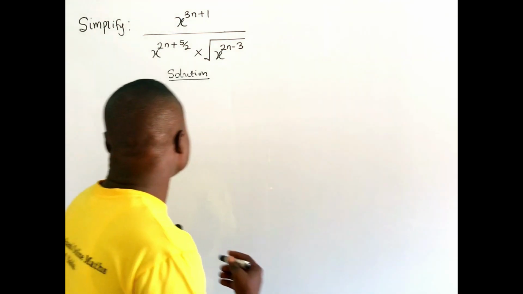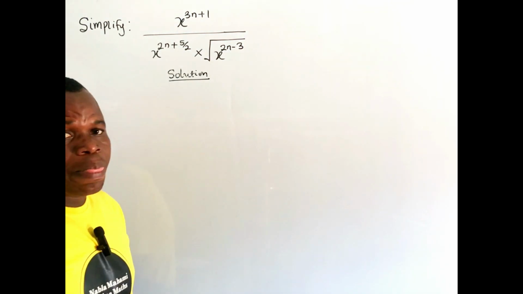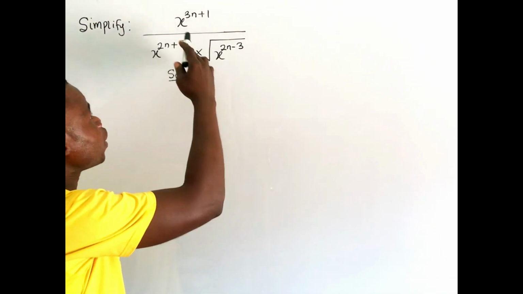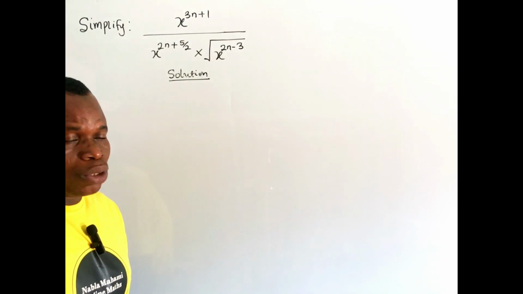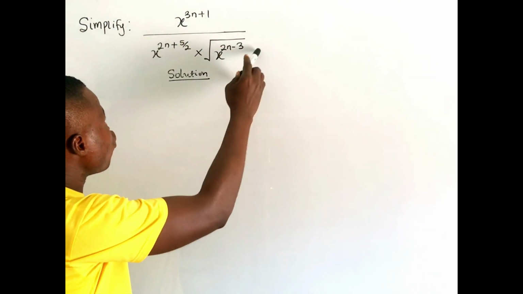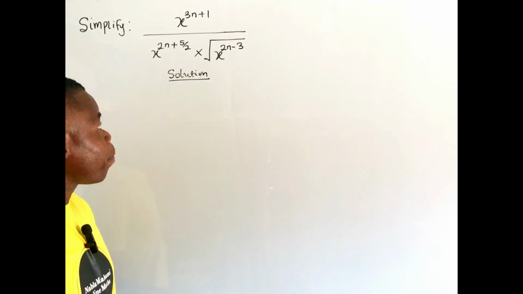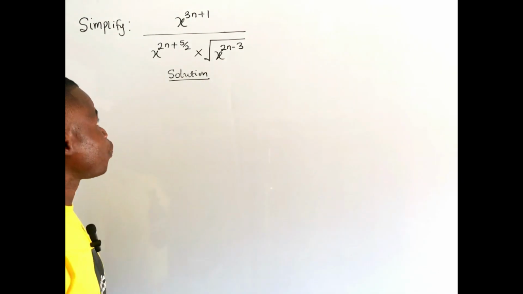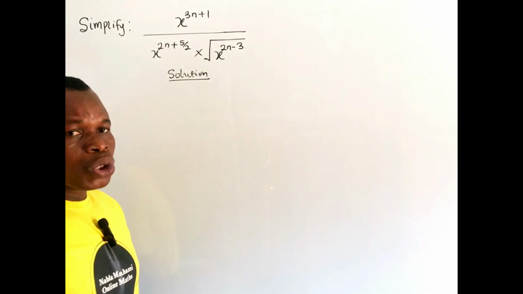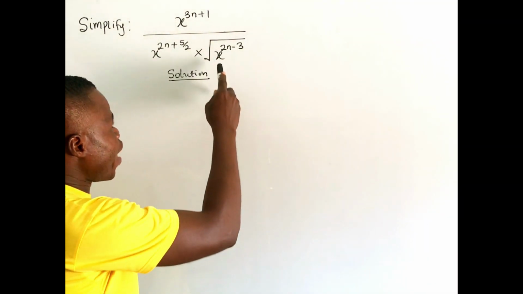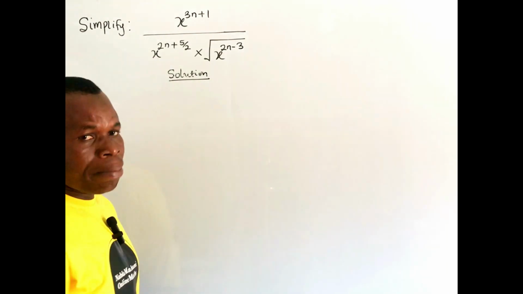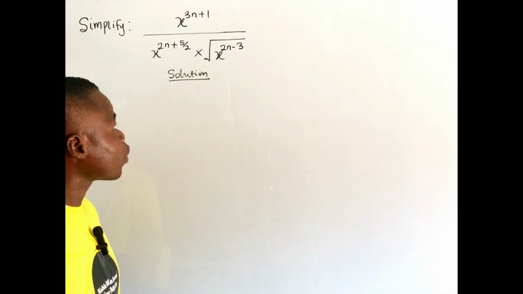The example says, simplify x exponent 3n plus 1 all over x exponent 2n plus 5 over 2 times the square root of x exponent 2n minus 3.